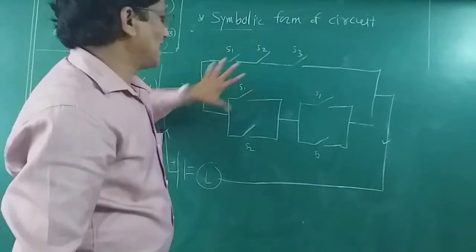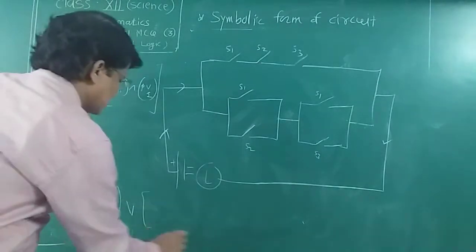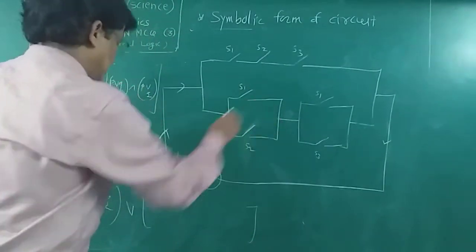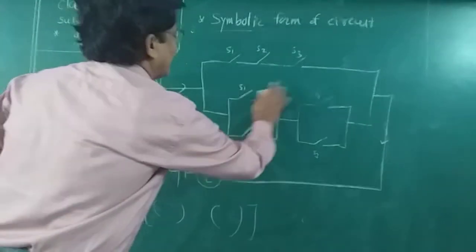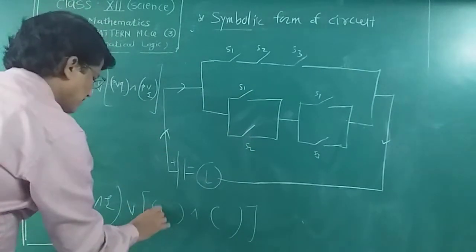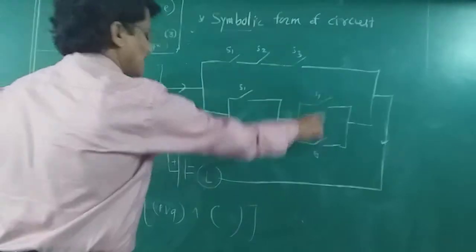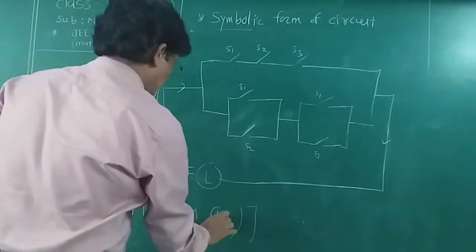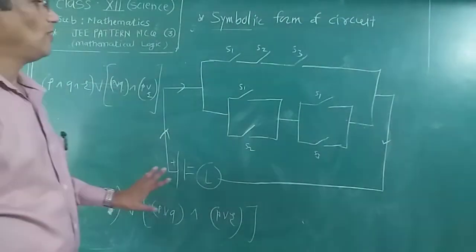This wire is parallel with the whole, so use OR, again in a square bracket. For this use the first bracket, for another use the second bracket, and they are connected in series, so AND. S1, S2: P OR Q, another P OR R, and this is our option.